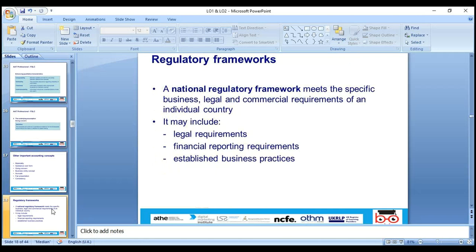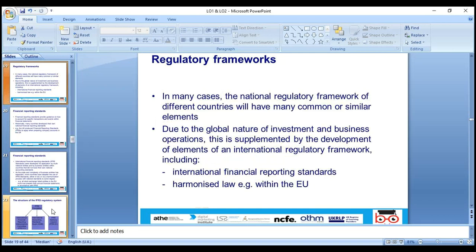Regulatory framework: a national regulatory framework meets the specific business, legal and commercial requirements, and individual countries may have legal financial reporting requirements. In the UK, we have GAAP, generally accepted accounting principles.